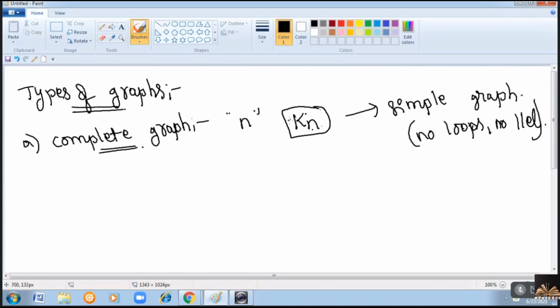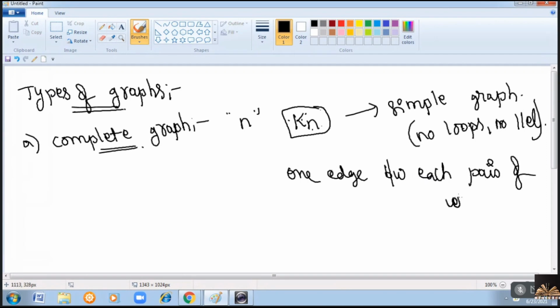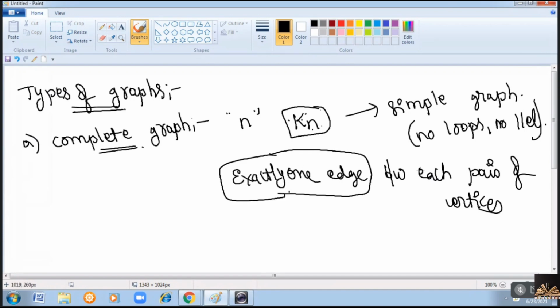Okay? A complete graph is a simple graph which contains exactly one edge between each pair of vertices. This 'each pair of vertices' phrase is important. There should exist exactly one edge between each pair of vertices.